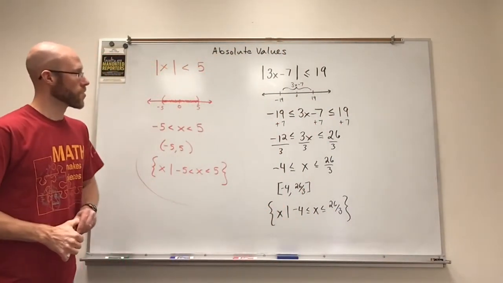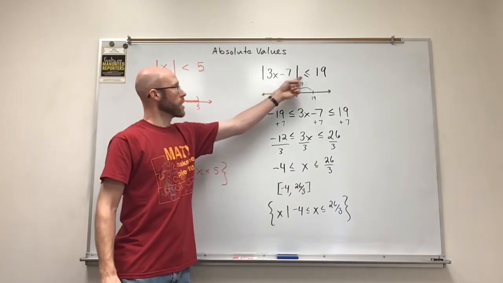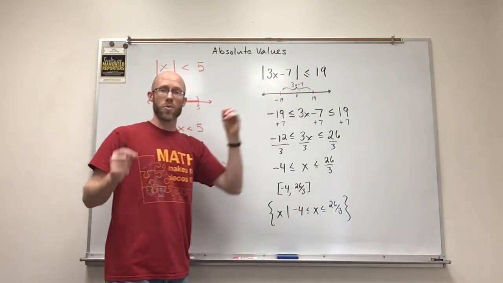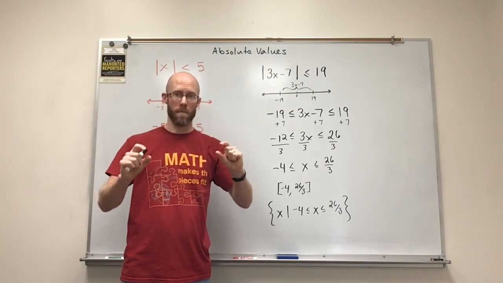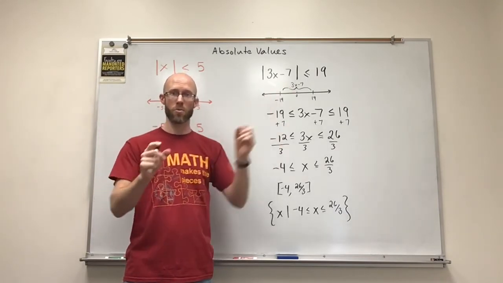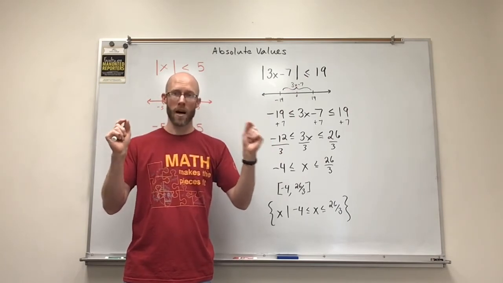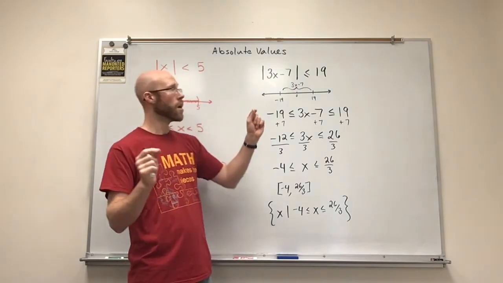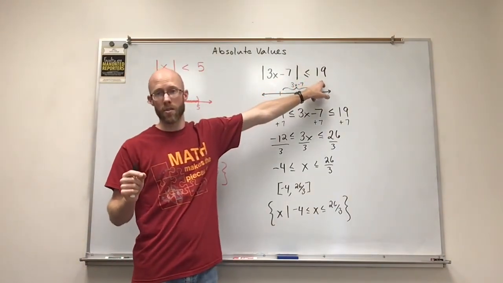So again, the main thing to keep in mind when you have an absolute value less than a number, you break it down into a 3-part inequality every time. The stuff in the absolute value goes between the endpoints. The endpoints are the positive and negative version of the constant on the other side.